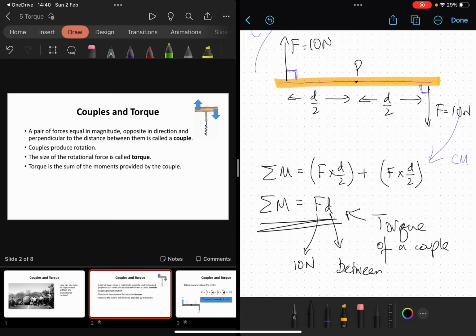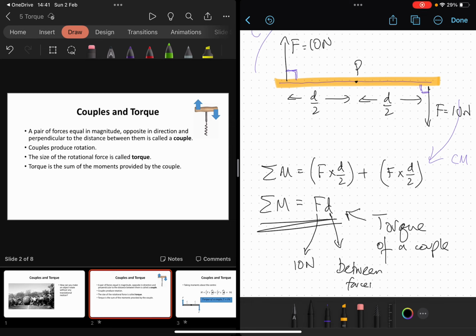And again, that's different to when we talked about moments, because the x in the moment equation was the distance from the pivot to the line of action of the force. Okay, here, d is the distance between the forces. So that bar in orange is going to rotate clockwise. Why? Because there's a couple acting: two forces, equal in magnitude, opposite in direction, perpendicular to the distance between them.